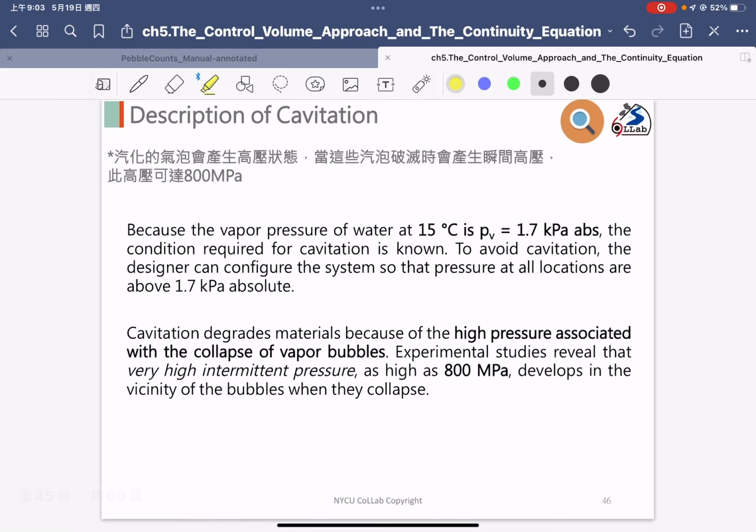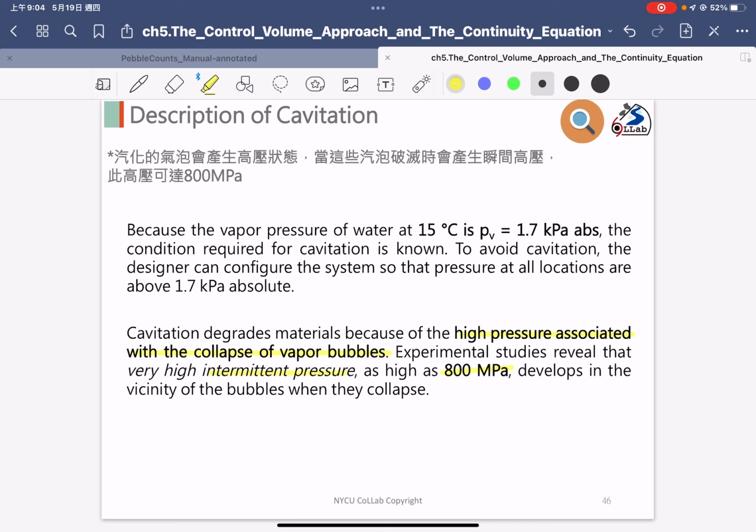Previously we learned that the cavitation problem will degrade the material because of the high pressure associated with the collapse of the vapor bubbles. When vapor bubbles collapse they generate very high intermittent pressures, and the values can reach 800 MPa.